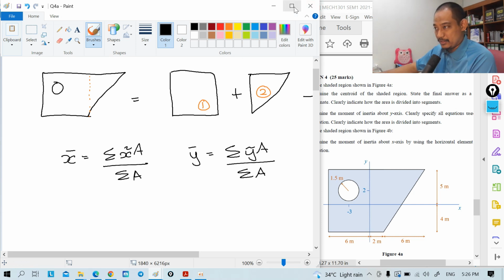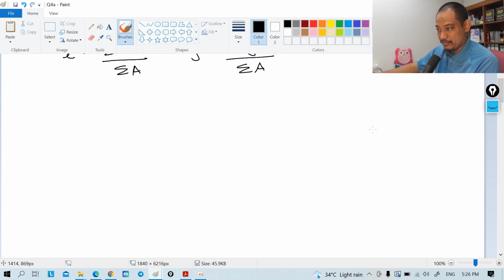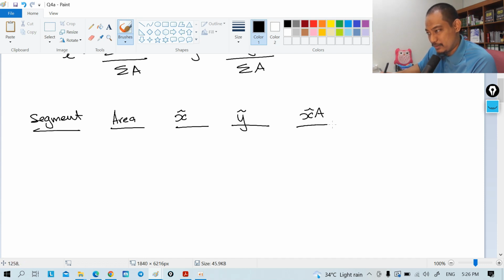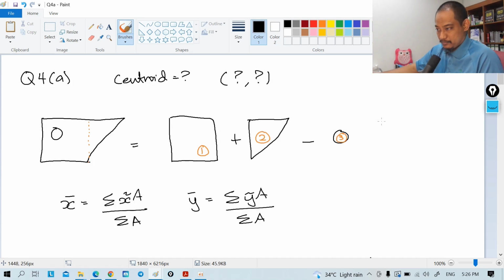Based on that, we make the table first. So we have the segment, and then we have the area, and then we have x and y, which is the coordinate, and then we have this calculation, x with a, y with a, right?